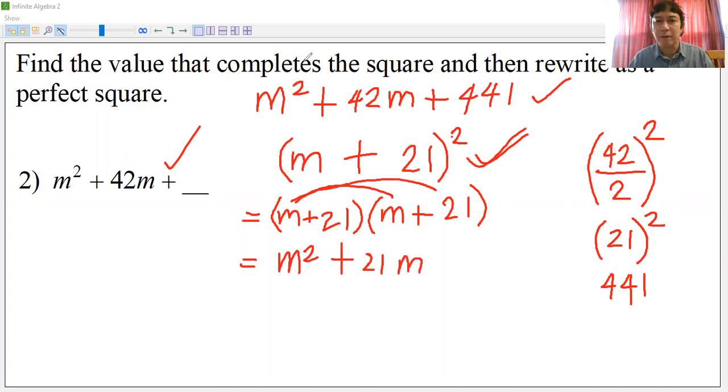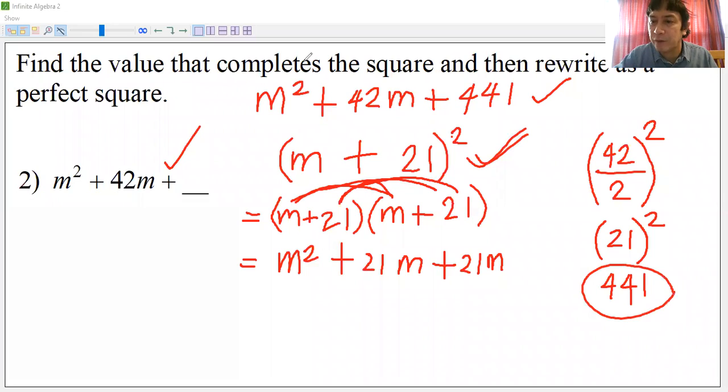Now 21 times m, that's another 21m. And then finally, 21 times 21, that's 441. So plus 441. Let's put a fence there.